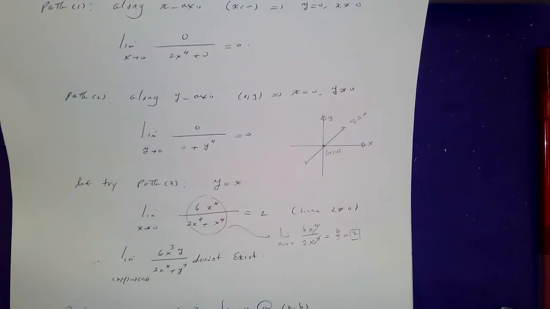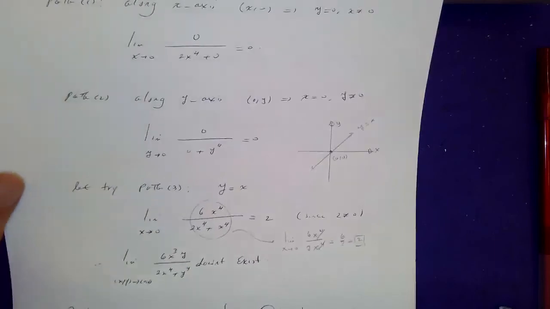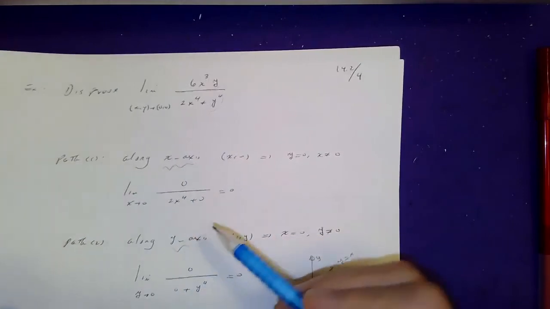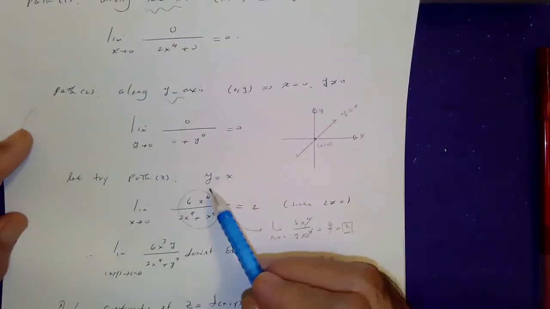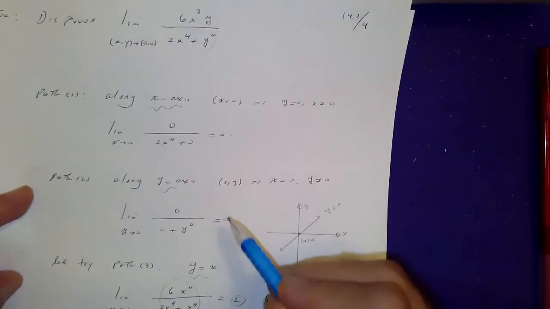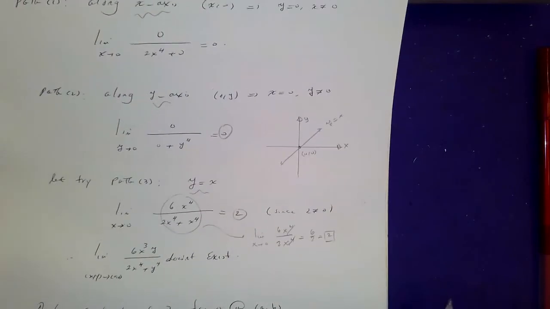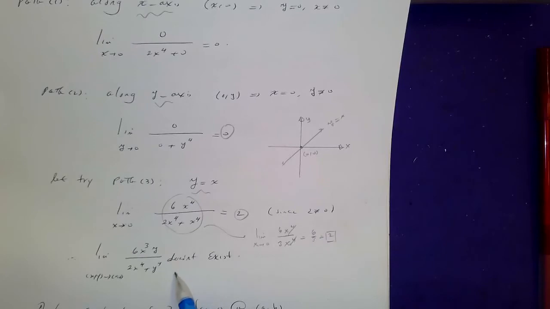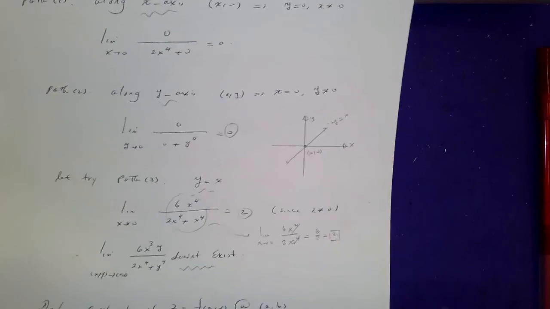It says we selected two paths, namely either the x-axis or y-axis, and y is equal to x. We did not come up with the same number. Remember, we're supposed to come up with a number. So since 2 is not equal to 0, once again, the limit doesn't exist.